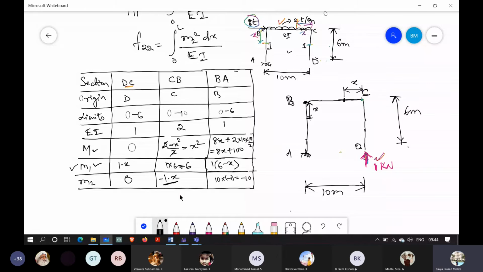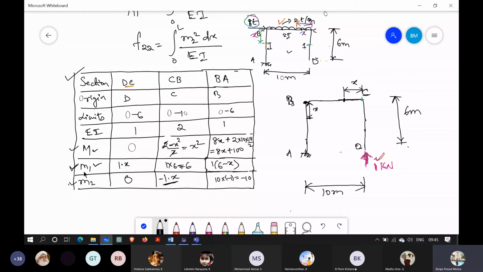Okay, so this is your table which gives you the values of capital M, small m1 and small m2.